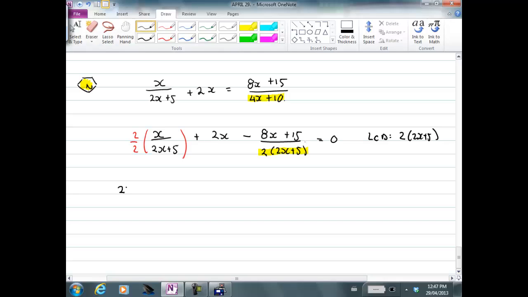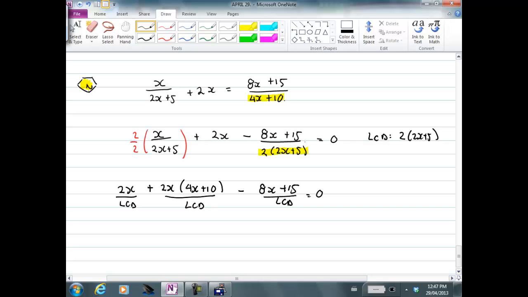Now this becomes 2x plus 2x, and this will be 4x plus 10 if you want to think about it. Now all of this is over my LCD. Minus, and this one is already the same LCD, so I don't do anything to it. And that equals to 0.